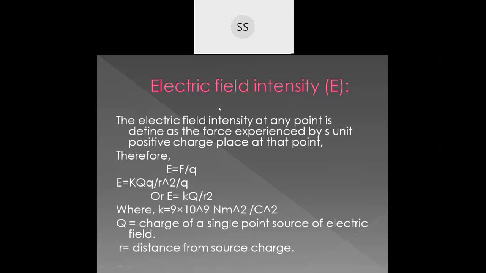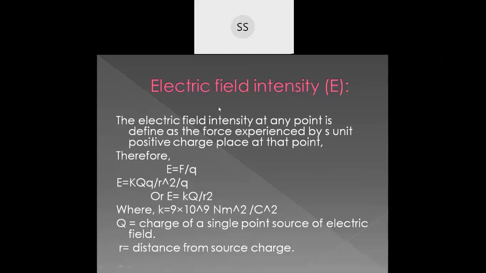When we put the unit positive charge in different areas of the electric field, it will experience the force in different intensities, right? That is called electric field intensity. When we bring the charge closer to the source charge, obviously the electric field intensity will be higher. If we take it away from the source charge, then obviously the intensity will be lower.